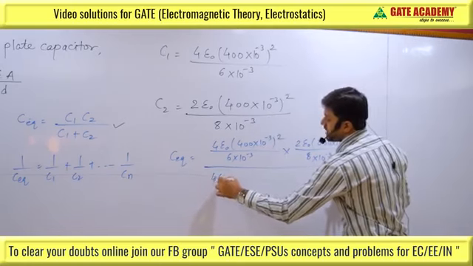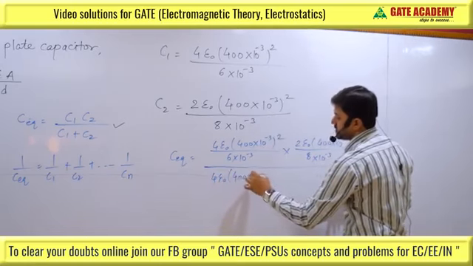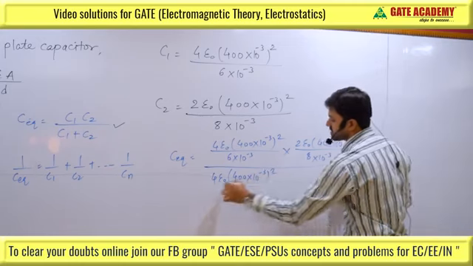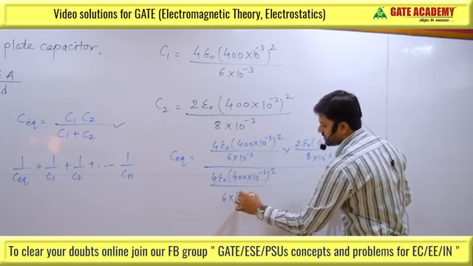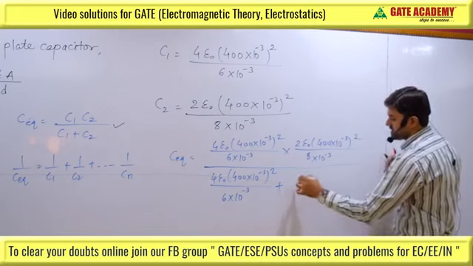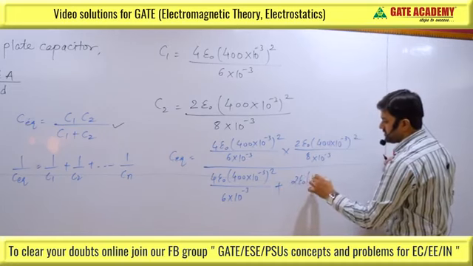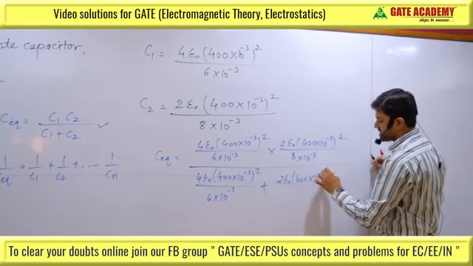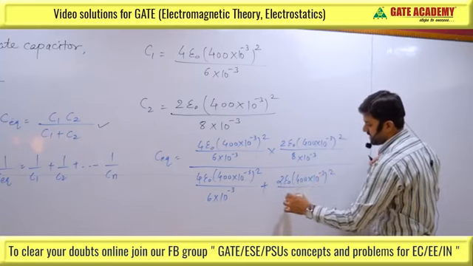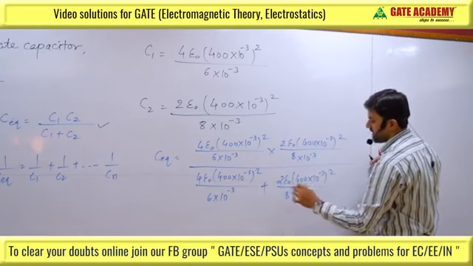So this is 4 epsilon naught 400 into 10 to the power minus 3 whole square divided by 6 into 10 to the power minus 3 plus 2 epsilon naught 400 into 10 to the power minus 3 whole square divided by 8 into 10 to the power minus 3.